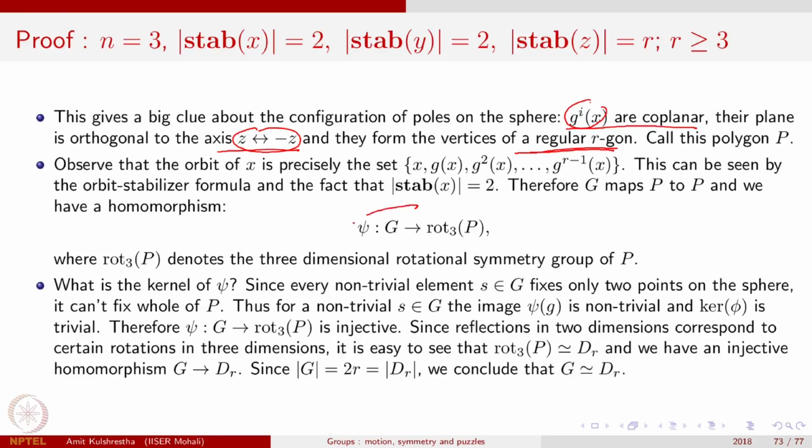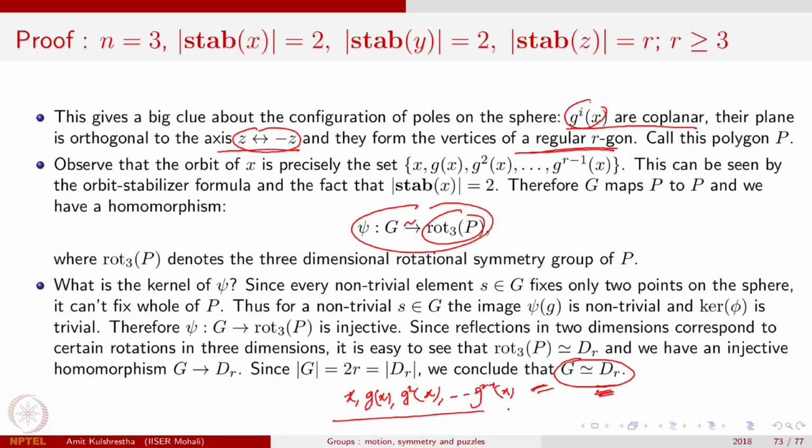And when I observe rotations of this regular r-gon, I realize that these rotations are actually isomorphic to G. There is a small calculation, a small argument involved there, and using that, essentially what is happening is that G is nothing but the regular r-gon which is made by x, gx, g square x and so on, g to the power r minus 1 x.